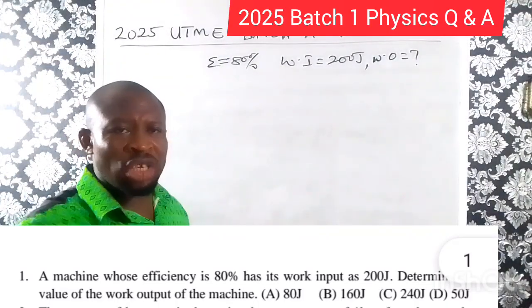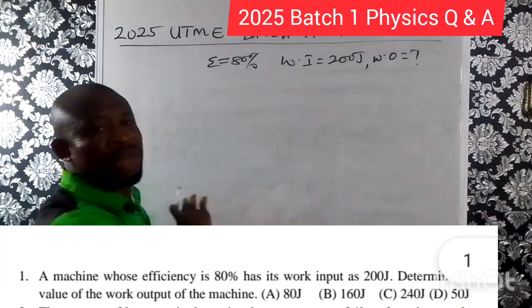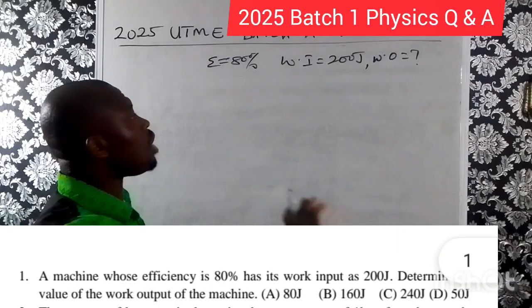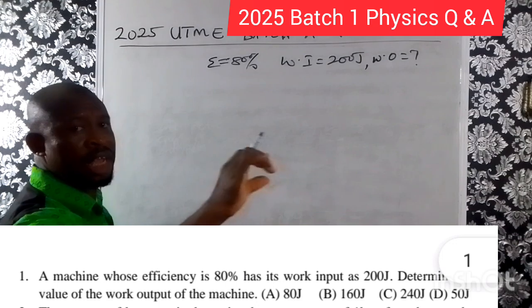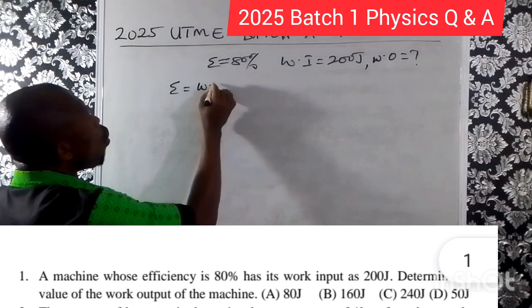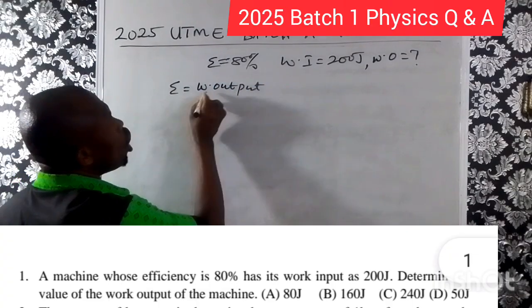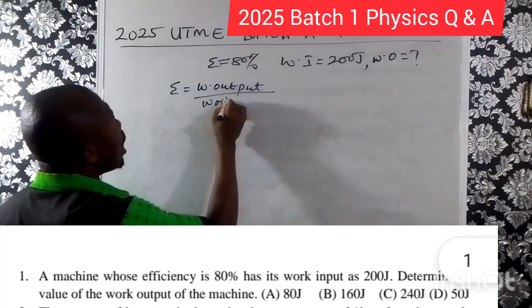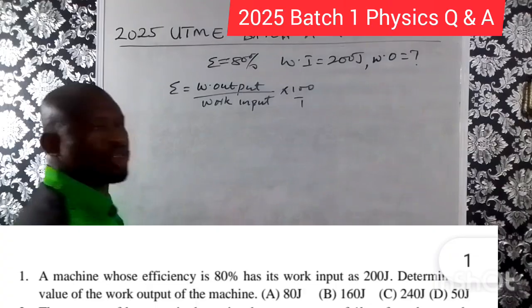Now, the options are there. Among the expressions of efficiency, we have that efficiency is equal to work output all over the work input multiplied by 100.